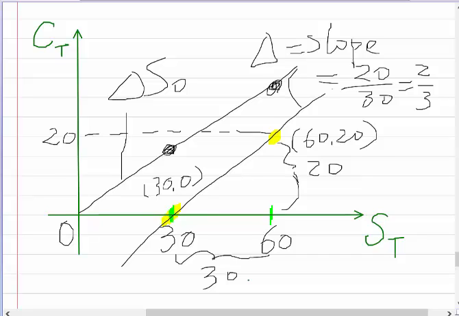So this here is actually that 20, and then here is 40. That's a non-leveraged proportion of 2/3 of the long underlying. It has a distance from the call payoff, right?